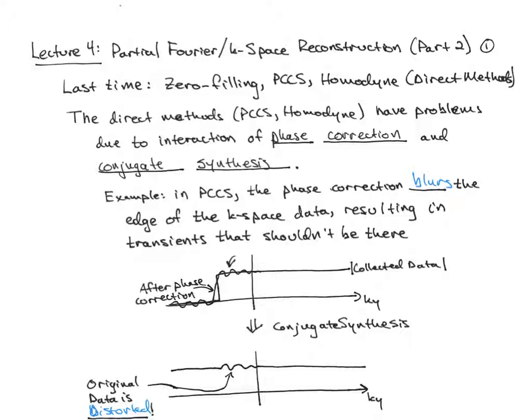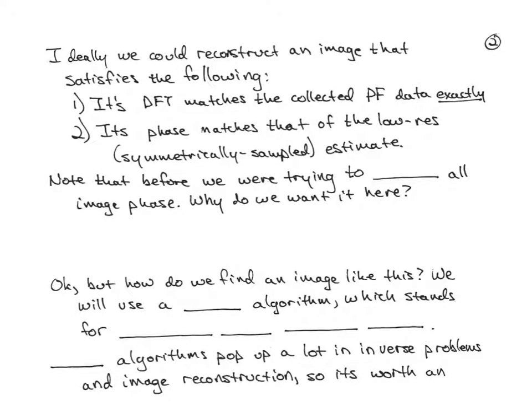The phase correction induces these transients, and then they further interact with the signal after synthesizing the missing data. Now, if you note from that previous example, we actually get ripples in data that we have actually collected, right? So we've actually sort of hurt the data that we had.